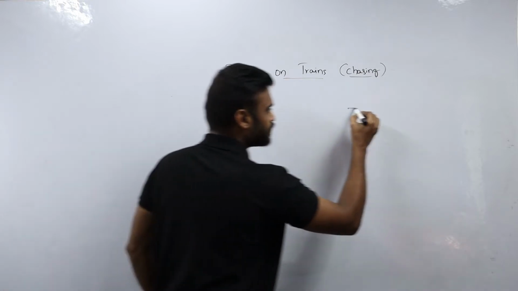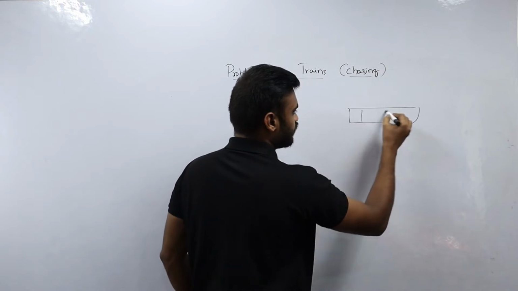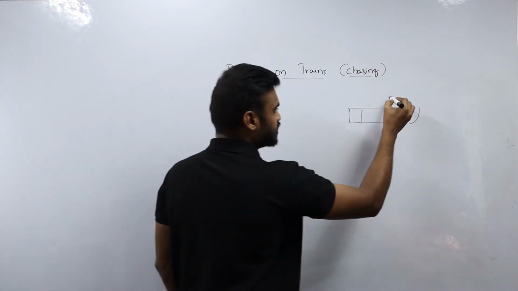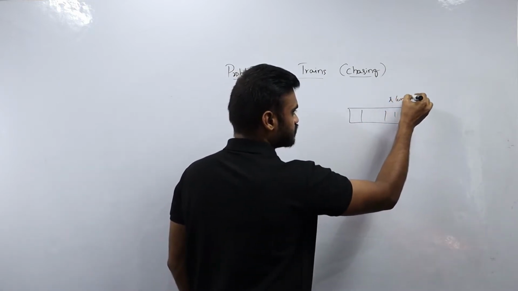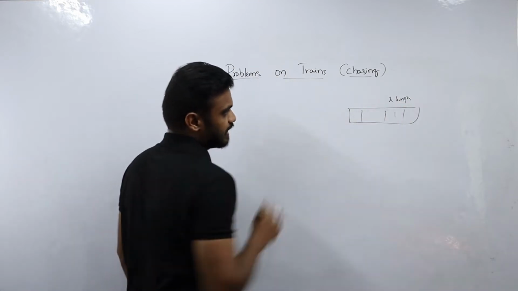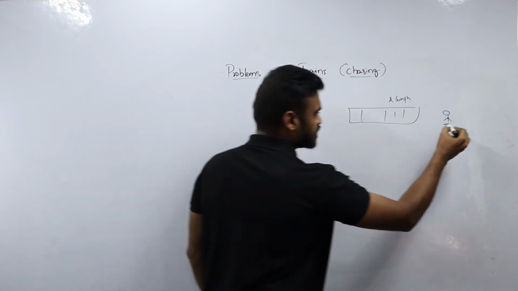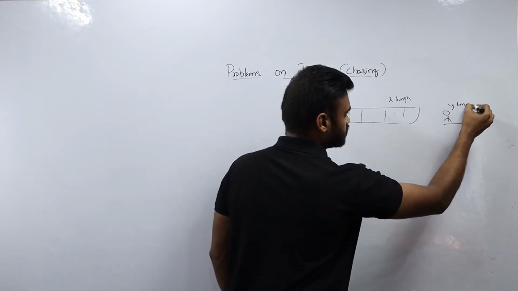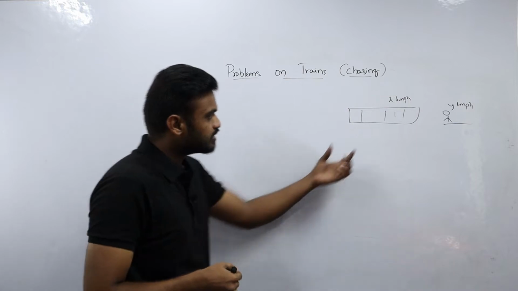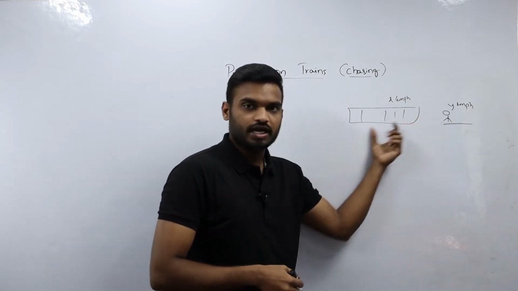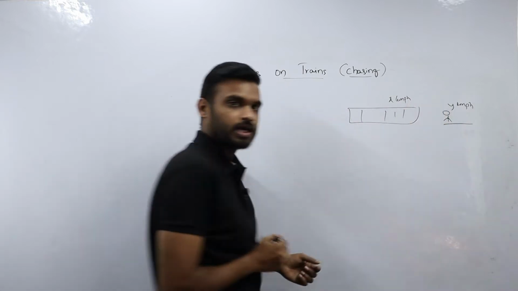Suppose assume that there is a train here and the train is moving with a speed of x km per hour. In front of the train there is a man running with a speed of y km per hour.